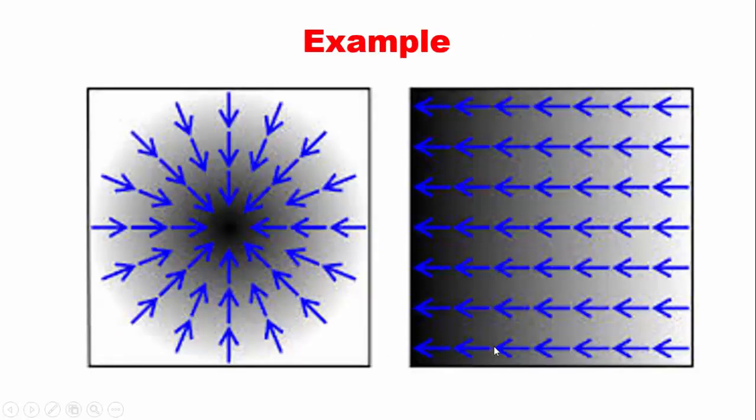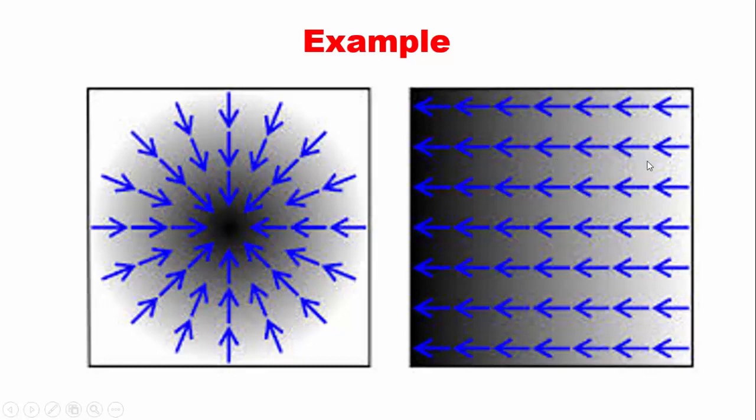Vector quantity. Example, let us look at this image. In this first image, the darkness is gradiating, that is, darkness is very less at the boundaries of the square, whereas as we move towards the center, the darkness is increasing. That is called as a gradient. On the right hand side, you can see the arrow shows that the darkness is increasing from right to left.